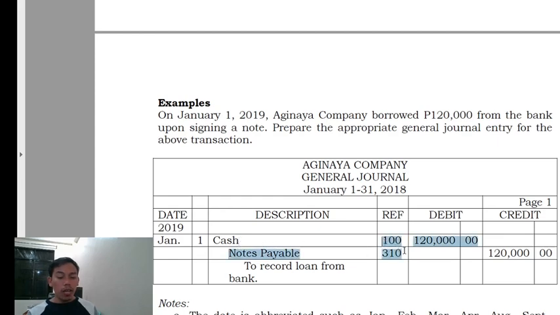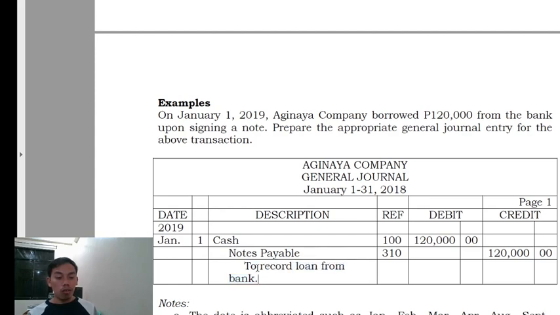Kopyahin mo yung reference o REF or folio or PR. Lahat yan parehas. Kukunin mo yung account number sa chart of accounts ni Aginaya Company. Then you write the amounts, 120,000. Ano bang nangyari? To record loan from bank.